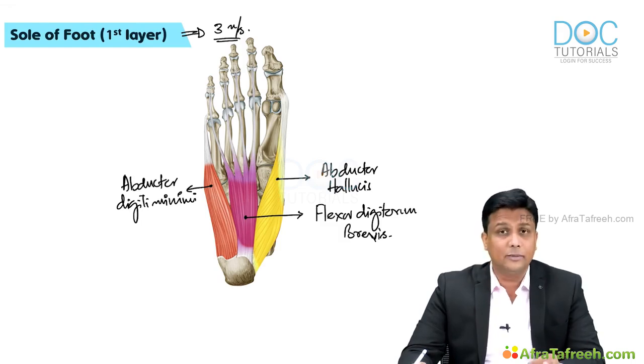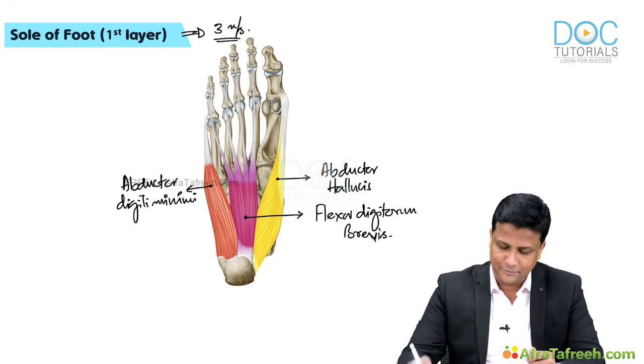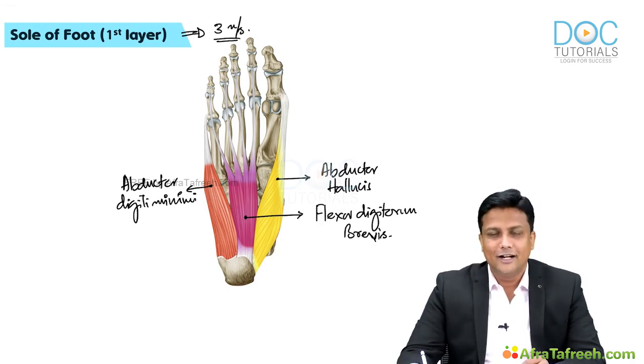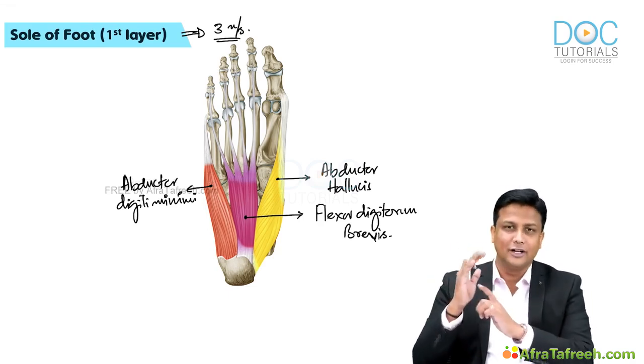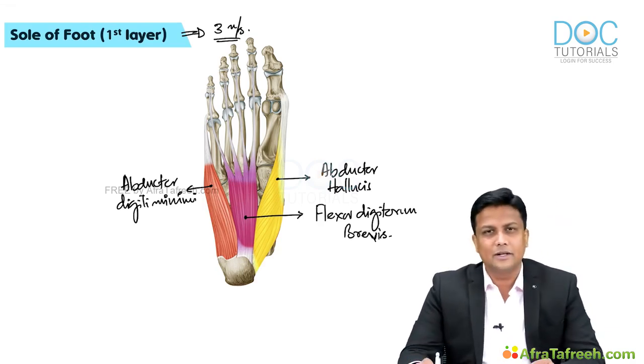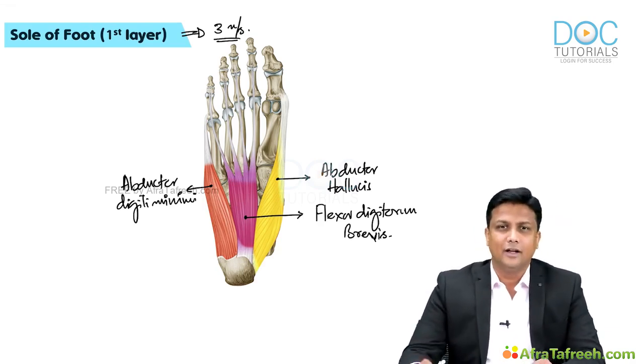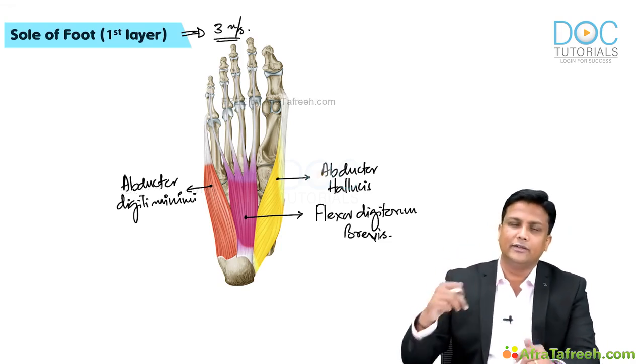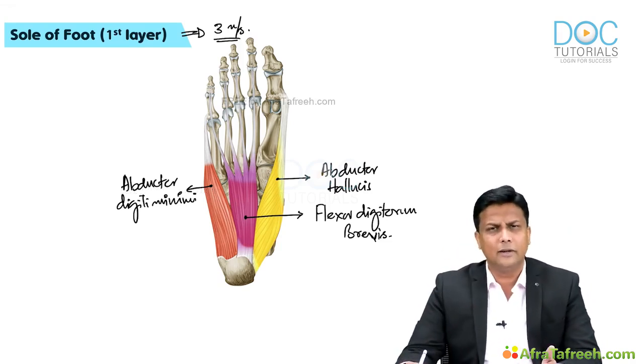Once you are done with the naming of the muscles, what will be the nerve supply? Come on, for nerve supply you have to always compare with the muscles of the hand. I told you already, all your digiti minimi will be supplied by which nerve? All the digiti minimi will be supplied by ulnar nerve, and corresponding to ulnar nerve, what do you have in the foot? That will be the lateral plantar nerve.